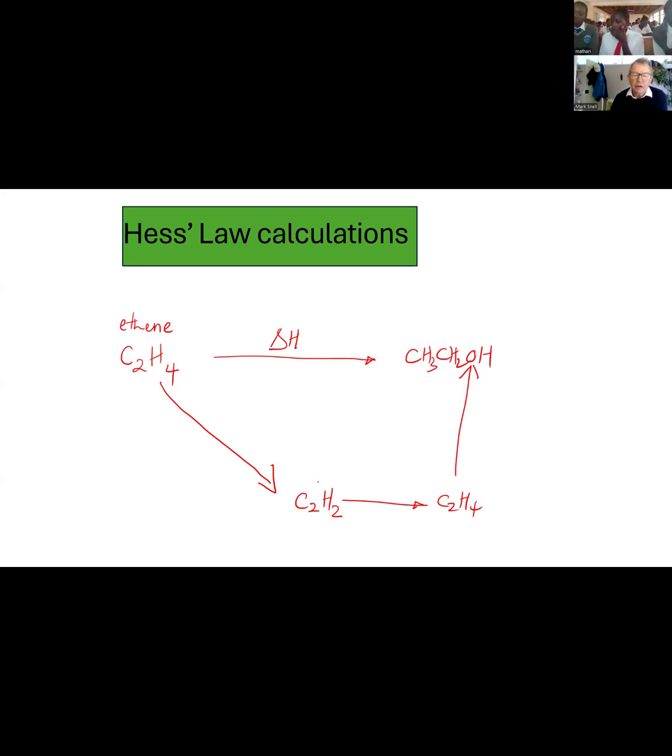It doesn't matter whether I do it this way either. Delta H1, delta H2, delta H3: delta H1 is equal to delta H2 plus delta H3.